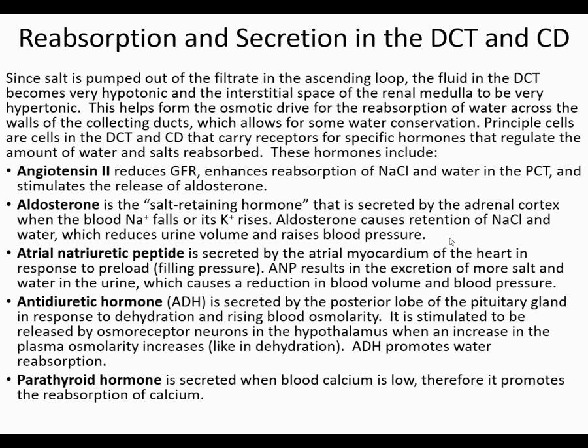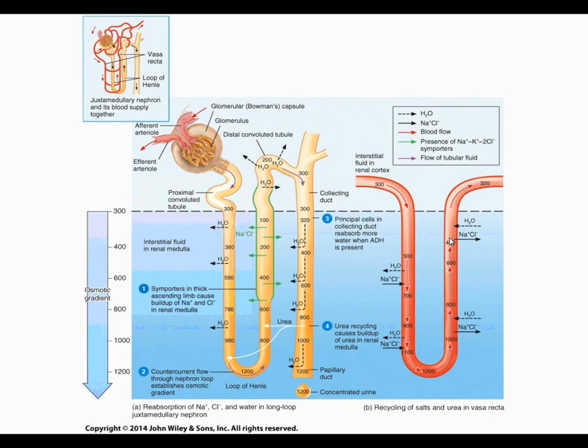So this does actually occur as well in the DCT, but a lot of this happens in the collecting duct. And we can see that here in our figure on that previous page. Here's our DCT. You can see water is being reabsorbed. In the collecting duct, we also see water being reabsorbed.